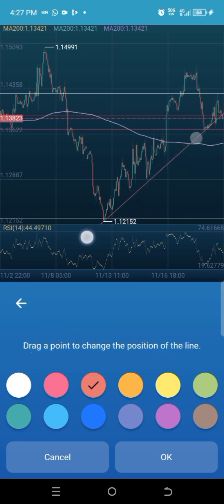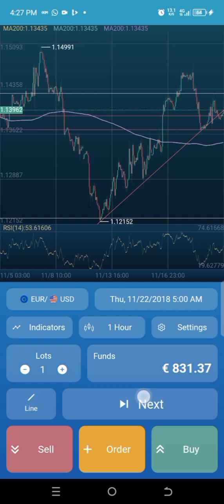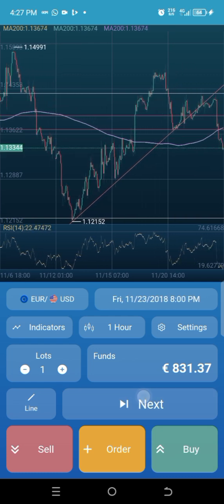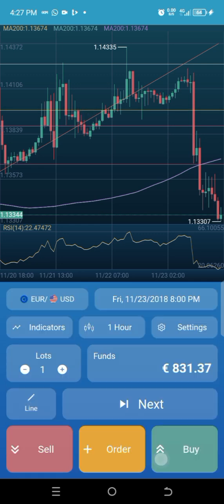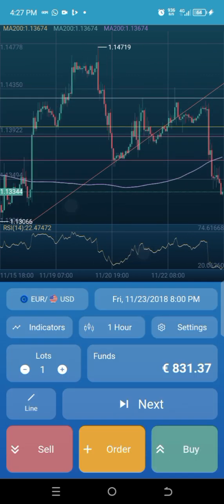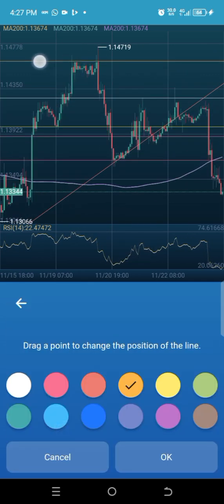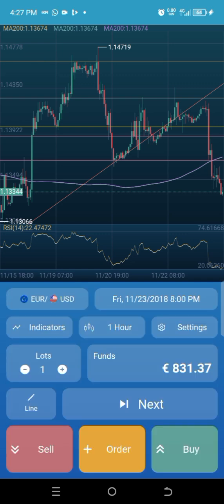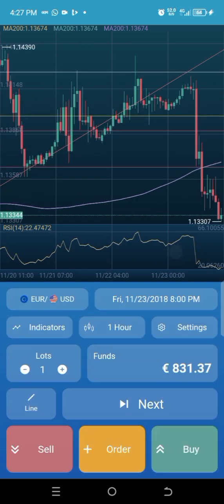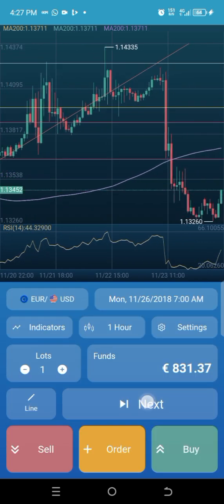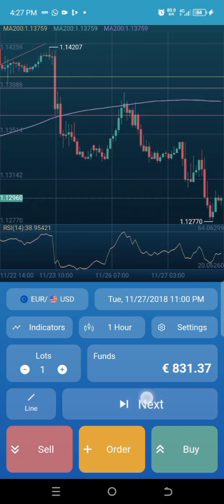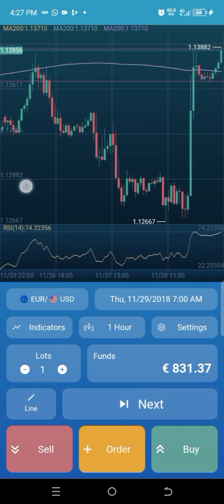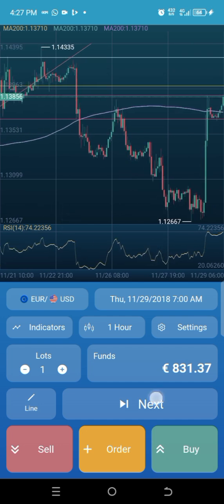Not the perfect trend line, but I can take that one. Break. Area of interest. Wait for price to do its thing. It's coming to my area.